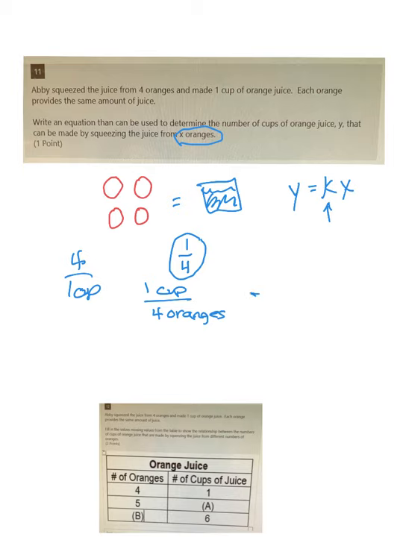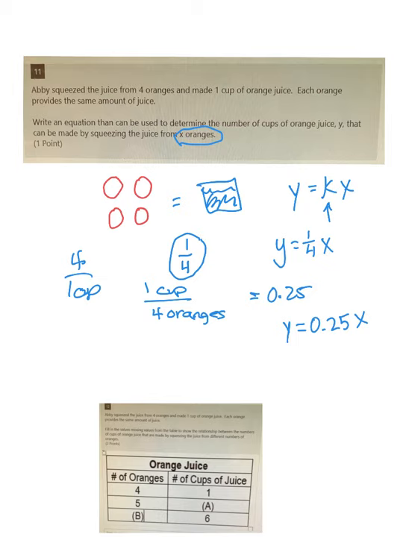So 1 cup divided by 4 is 0.25 or 1/4. So your formula here is y equals 1/4 x. Or you could have written y equals 0.25x.